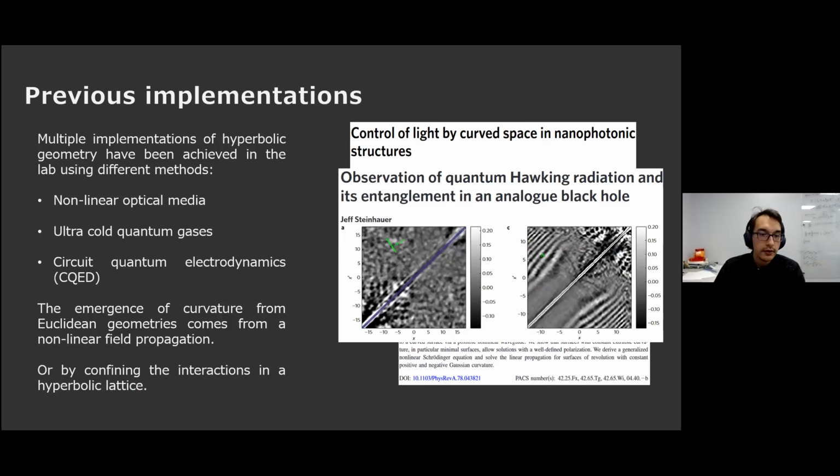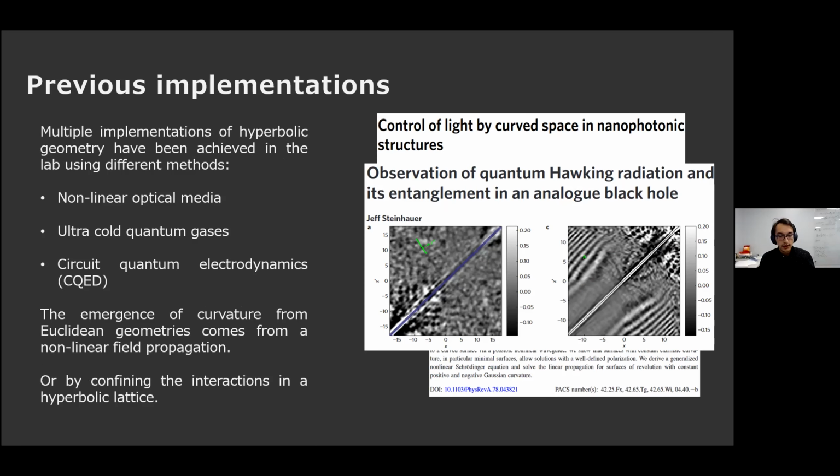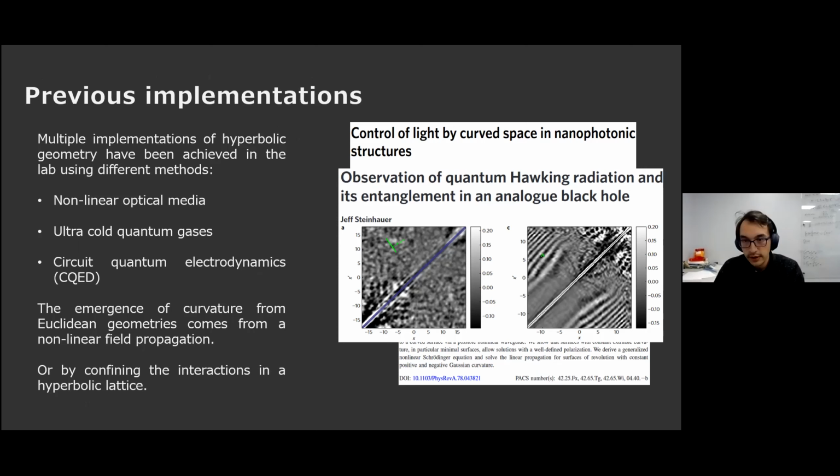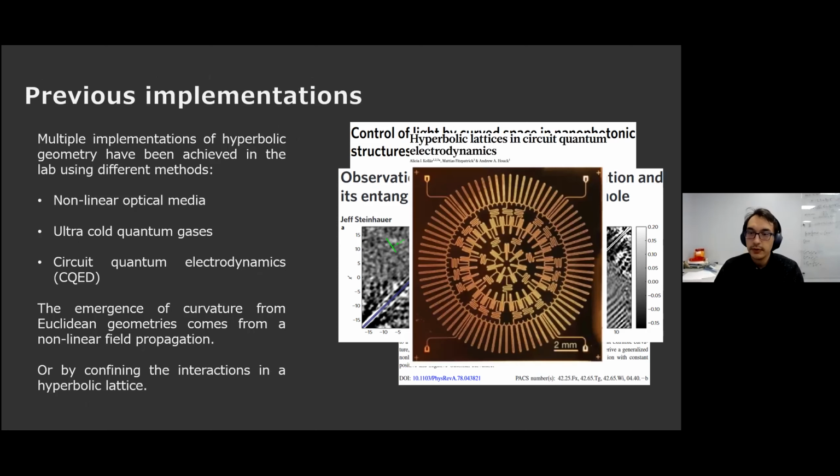There was also another one in ultra-cold atoms, with Bose-Einstein condensates, where they are able to replicate things like Hawking radiation, as in the study that I just showed, or even build sonic black holes. And the one that we will be talking about is the implementation in circuit quantum electrodynamics, where the geometry is the graph in which we're building everything.